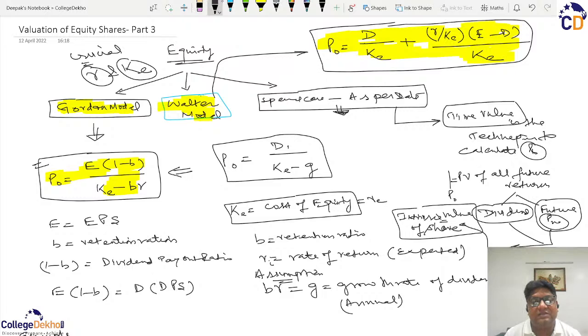And if vice versa, that is the actual price is less than the intrinsic value of the share, it means we say that such share is available at a discount in the market, or we say it is a value buy, that is the present market price of the share is much less than the intrinsic value of the share, and hence the share is put on a buy call.